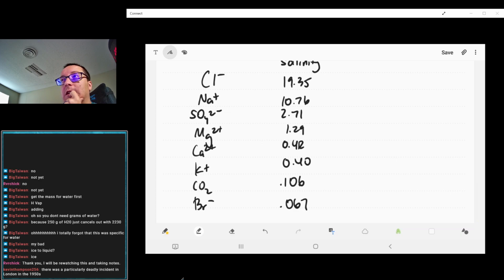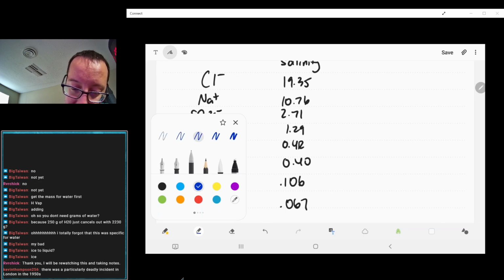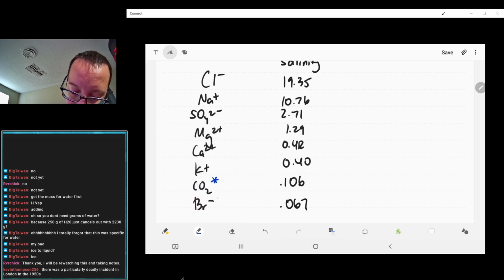And so we see that the biggest one is chloride, of course, balanced out by a bunch of positive things in there. A couple of important things to talk about are these four. We can talk about carbon dioxide first.